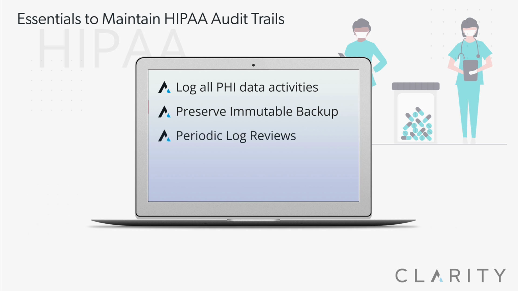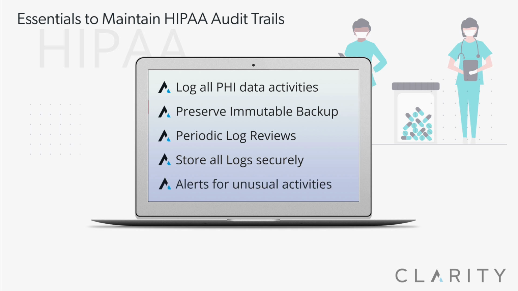Number 3, periodic reviews of the logs for integrity checks. Number 4, storing all the logs in a secure, time-stamped, and localized place where your privacy and security officers have immediate access. And finally, number 5, create an automated alert system to track and report on unusual access attempts.